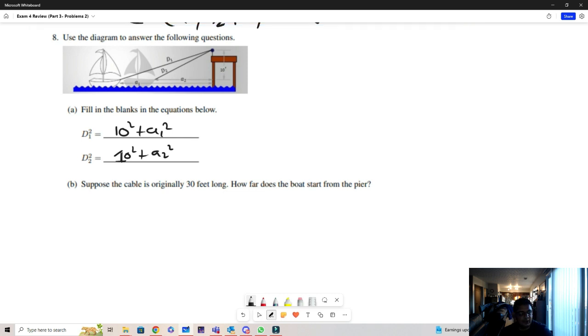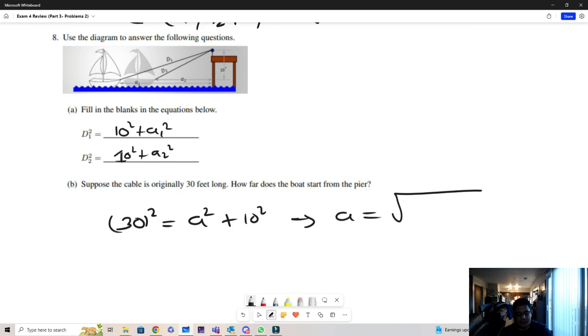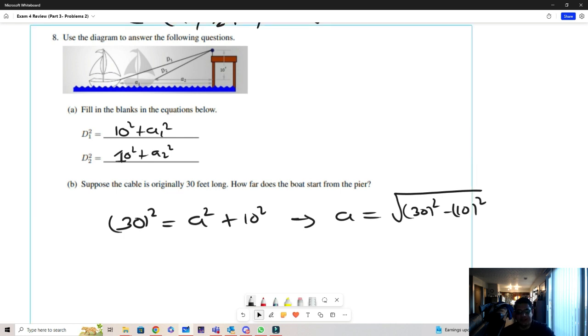If this is 30 feet long, then 30 squared equals a squared, which is going to be the distance, plus 10 squared, which is still going to be this height. So this will be what we want to obtain. So a is the square root of 30 squared minus 10 squared. That'll be how we obtain this particular value.